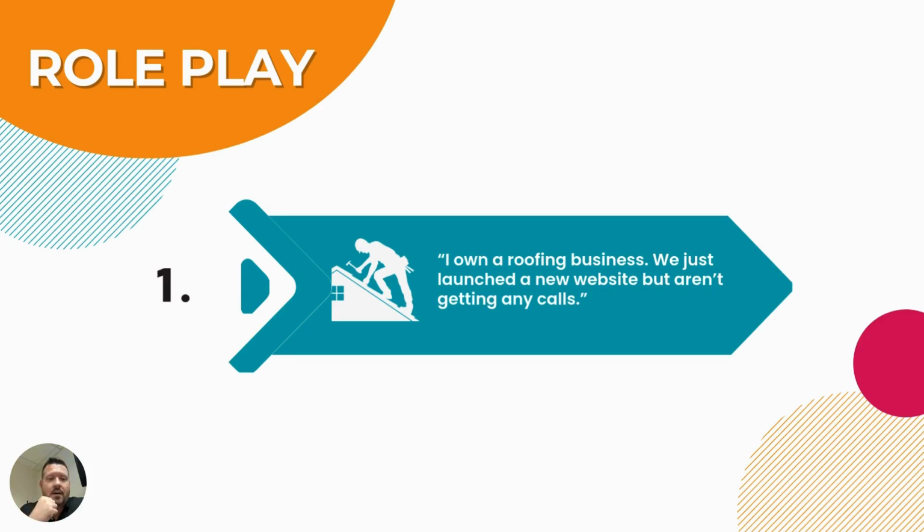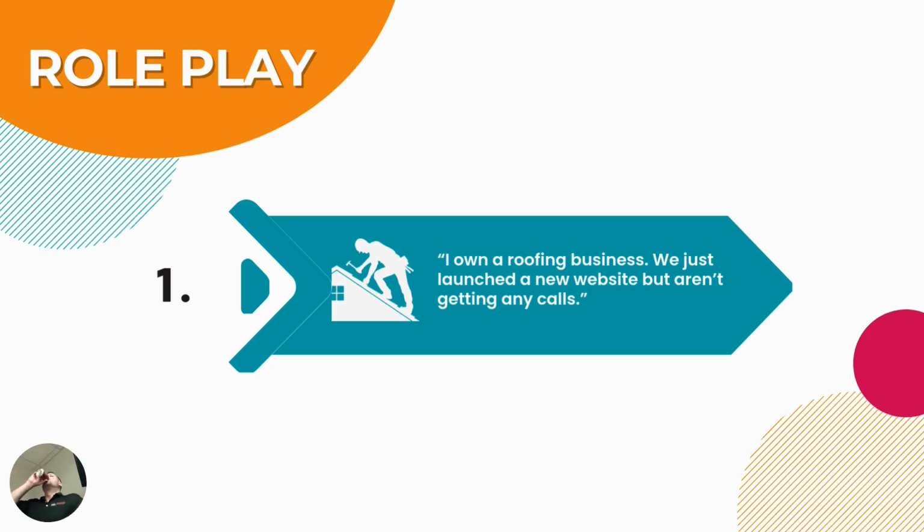Okay. I own a roofing business. I'm the prospect on the phone, right? We just launched a new website, but we aren't getting any calls. What would you pitch them? You just launched a new website, but you aren't getting calls. We've got to advertise.